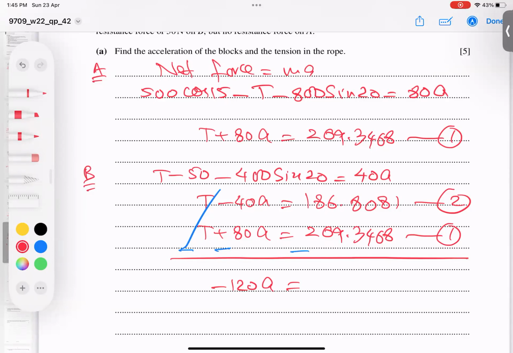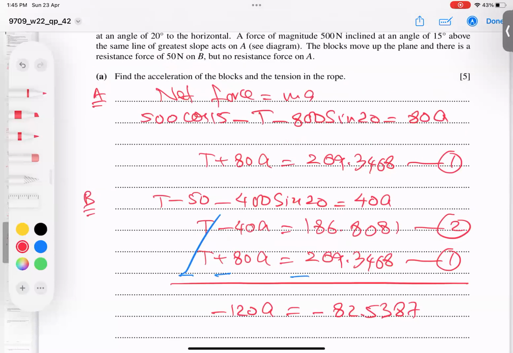So when I come to get it, negative 82.5387 divided by 120. So I'm getting an answer for acceleration of 0.68. One minute, let me recheck. Maybe some typing error is there.